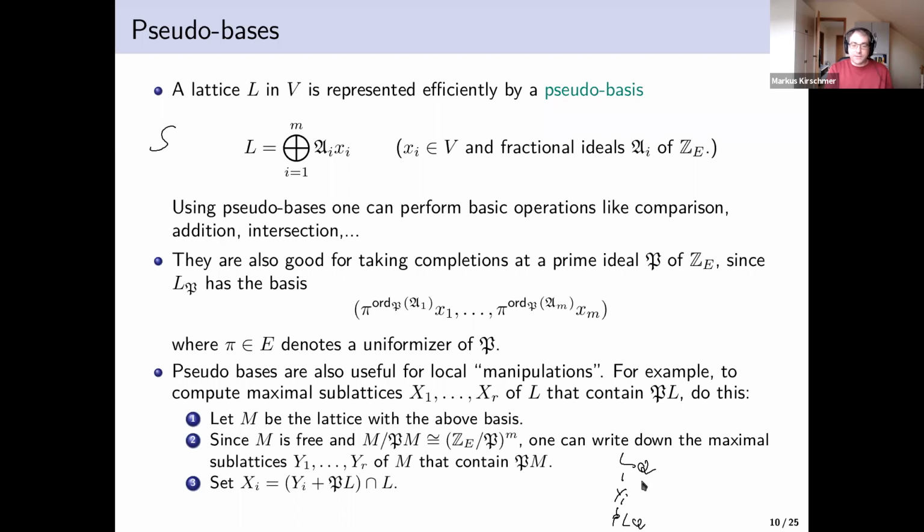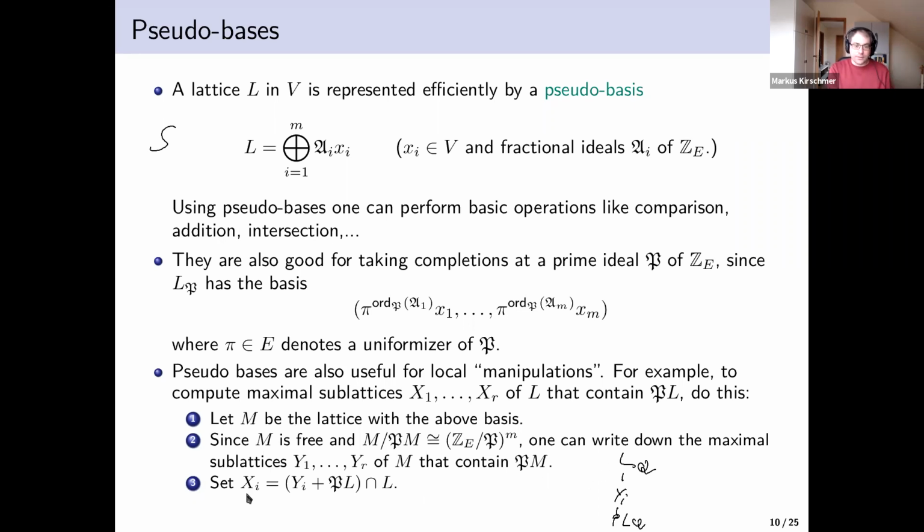So at any place different from P, I didn't change the lattice at all. It must coincide with L because these two here coincide with L locally. And at the place P, M and L coincide, and at P, I went down by codimension 1.